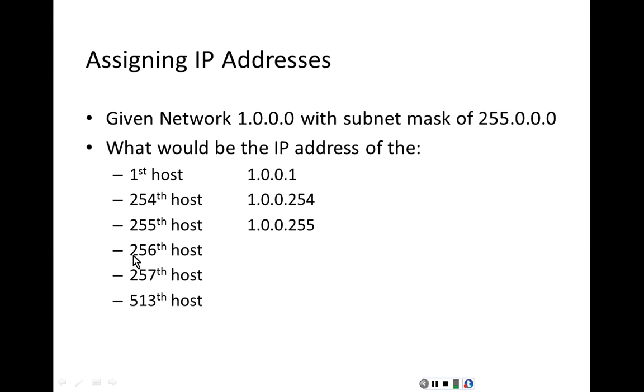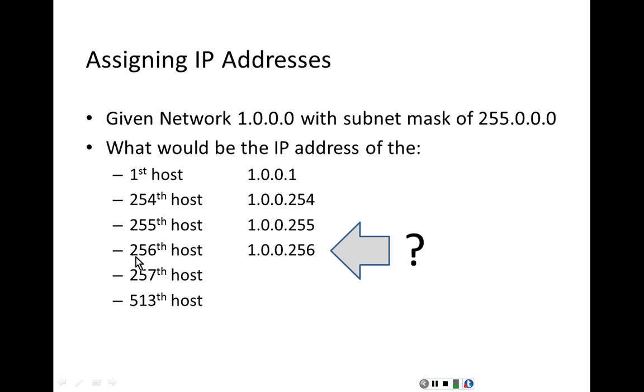And the 256th host, now, would that be 1.0.0.256? Well, no, because there are only 8 bits in an octet, and the highest value you can have is 255. So how do you represent 256?